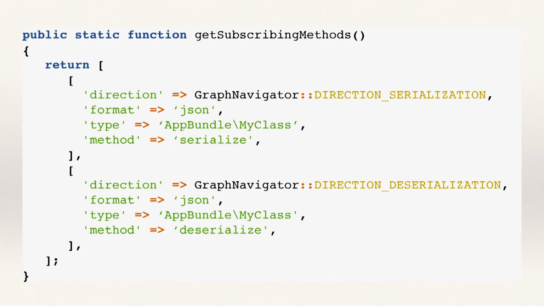Then the format you want to use, or actually to have. The type, so the object that you want to serialize. And of course, the method that you will call in one direction and in the other one.